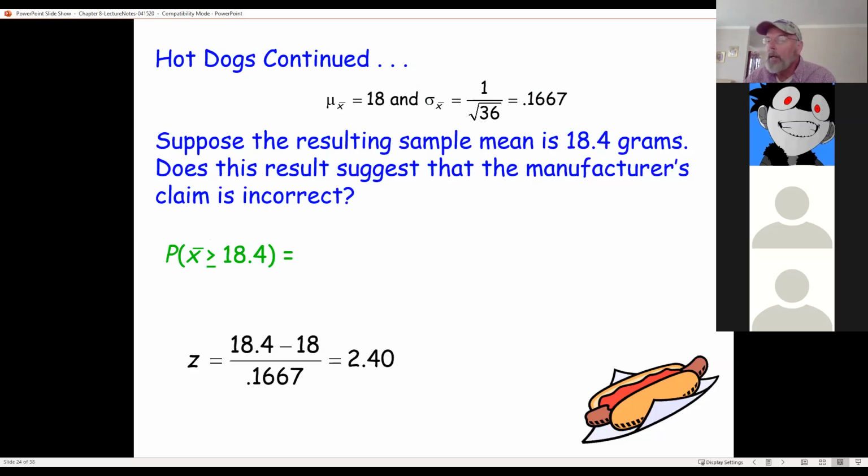If we take the mean of the sampling distribution minus the population mean, and here is the standard error, this z-score would be 2.40. What do you think about 2.40?